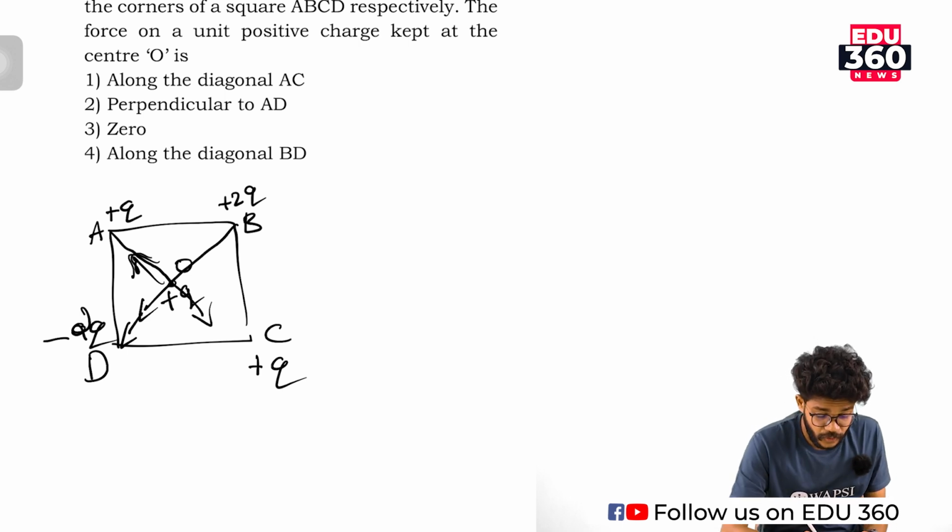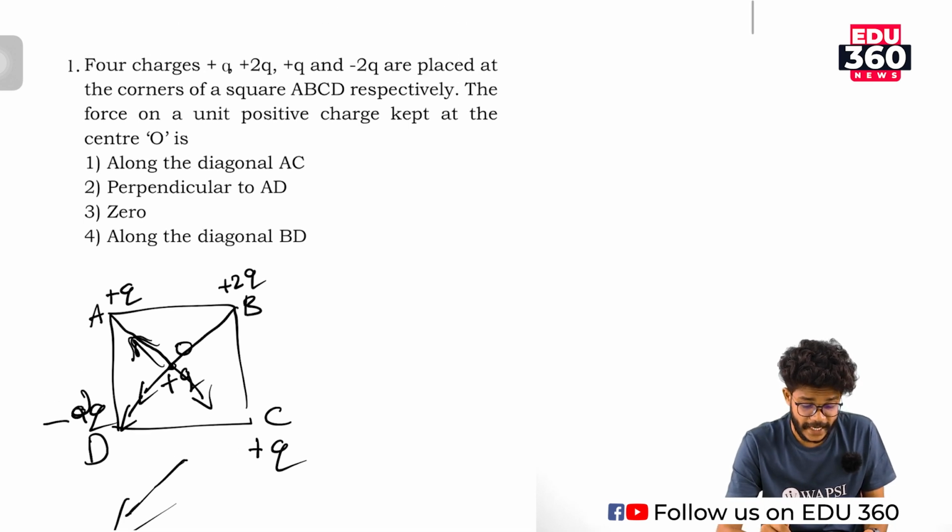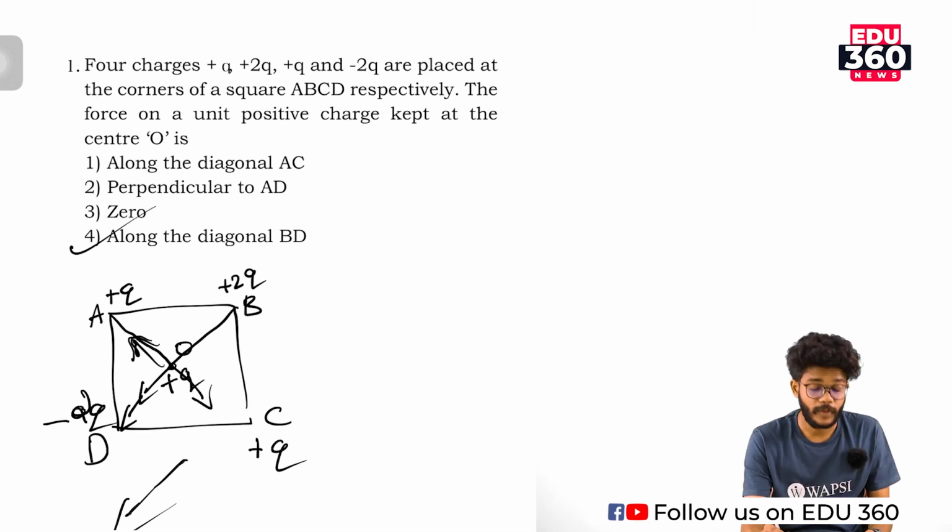So the net force is along from B to D, along the diagonal BD. So option 4 is the correct answer, along the diagonal BD. Okay, so we can move to the next question.